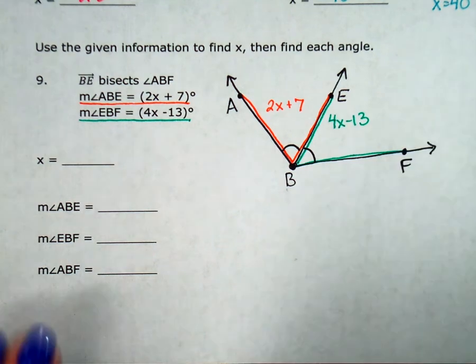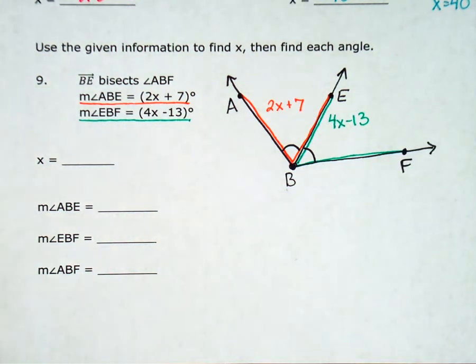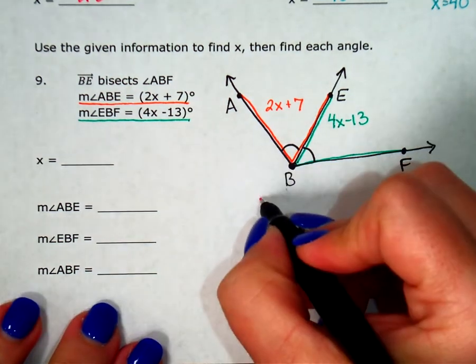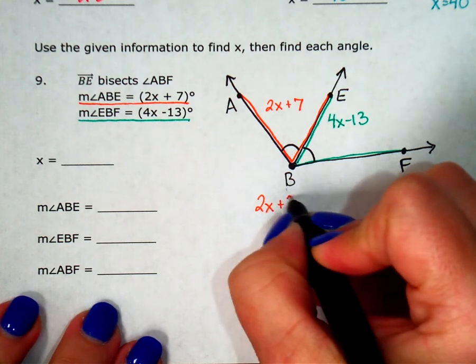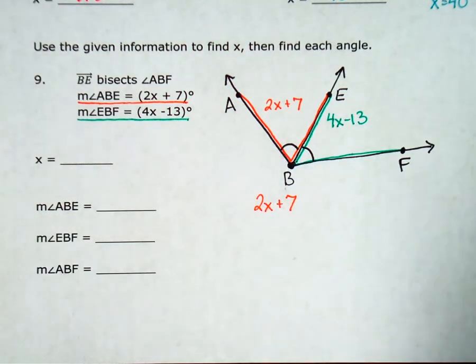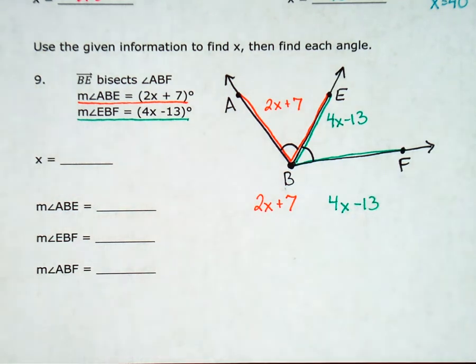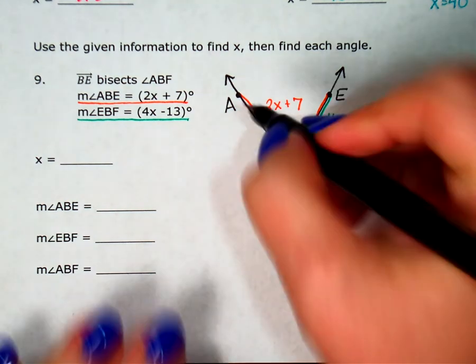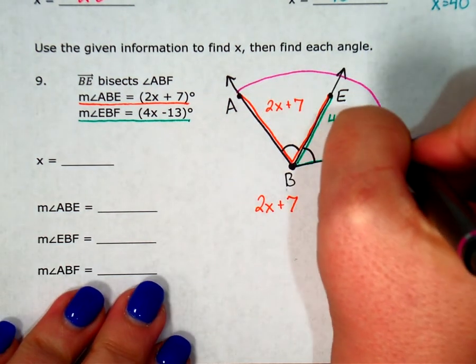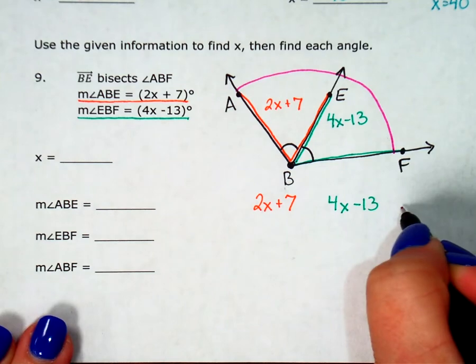Okay. Now, before, when we were given two expressions, the first thing we did is we added them together and put what they equal. My problem here is, they haven't told me anywhere what this whole angle is equal to. So I can't add and then say equal, okay?